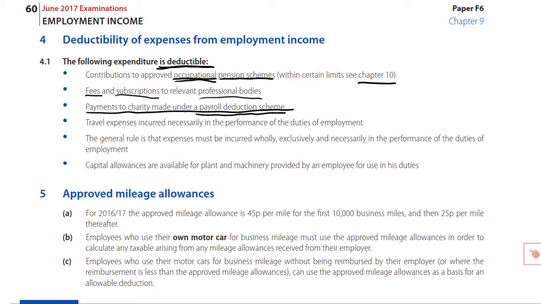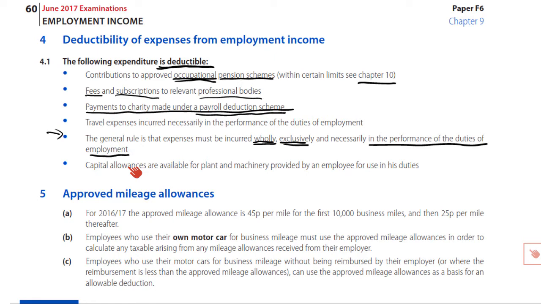The general rule, if I can just skip to this one, for allowability of expenses for an employee is very tight, that you have to satisfy 3 criteria. 2 of them you're familiar with from trading income. That is, the expense must be incurred wholly and exclusively, not now for the performance of the trade, as was the case with trading income, but in the performance of the duties of employment.